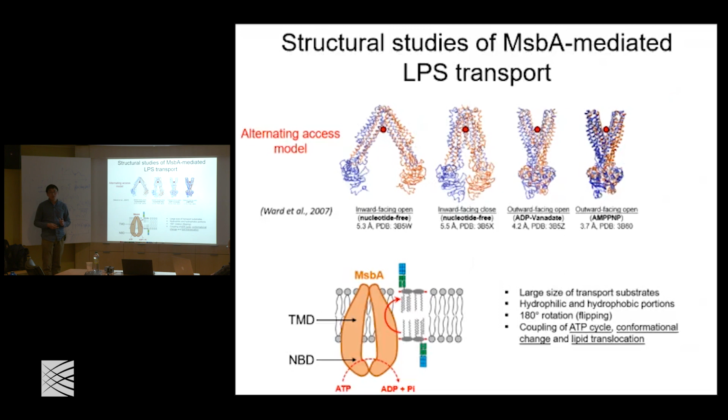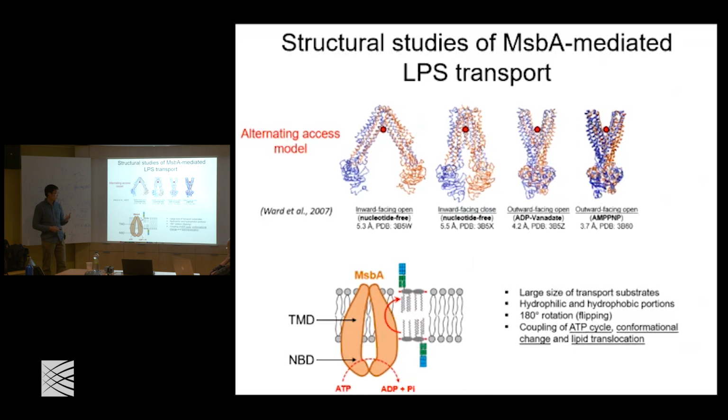But because the LPS is not resolved, we don't really understand how the protein accommodates such a large substrate. The lipid has very strong hydrophilic and hydrophobic portions, and exactly how one protein can handle the different properties of the same substrate is unclear. A big mystery is how this lipid can undergo 180-degree rotation.